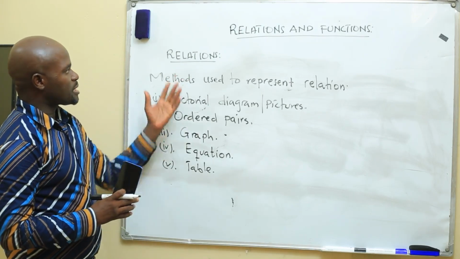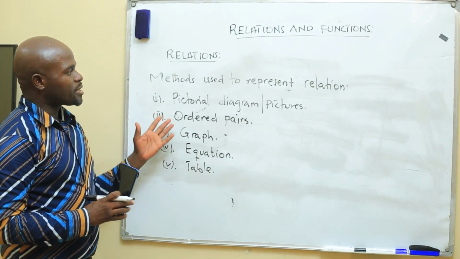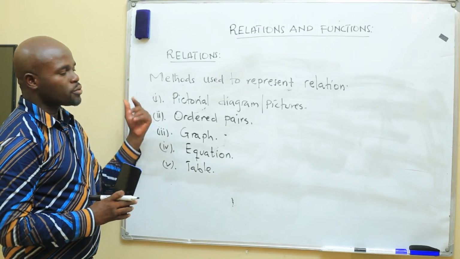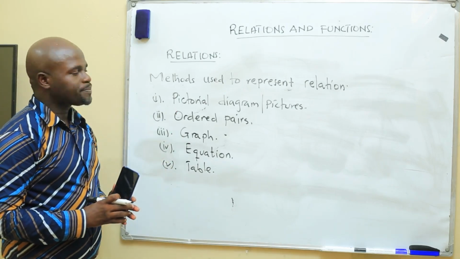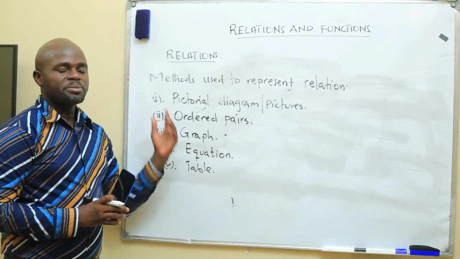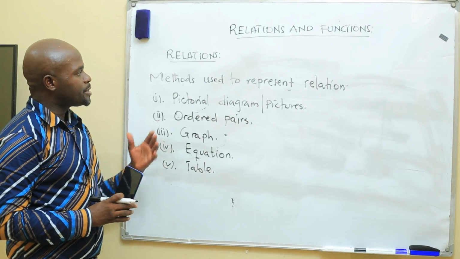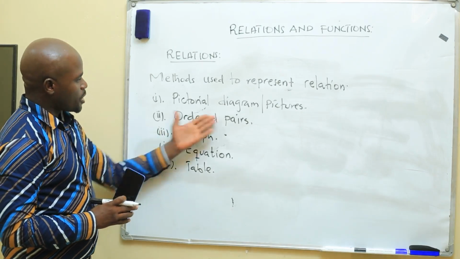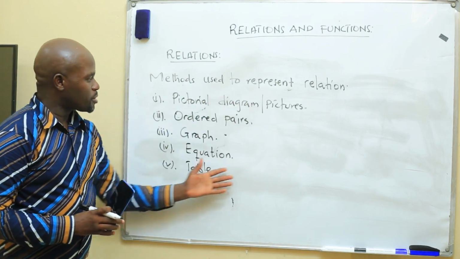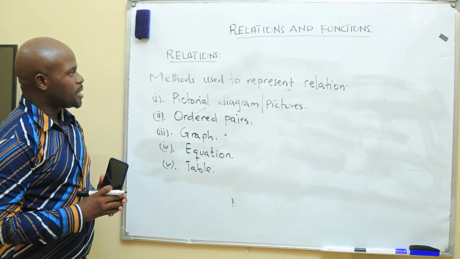After summarizing the relation, we have discussed what a relation is, the elements which make the first set and the elements which make the second set, and how those elements relate. Then we discussed how we can represent a relation in a pictorial picture and in ordered pairs.